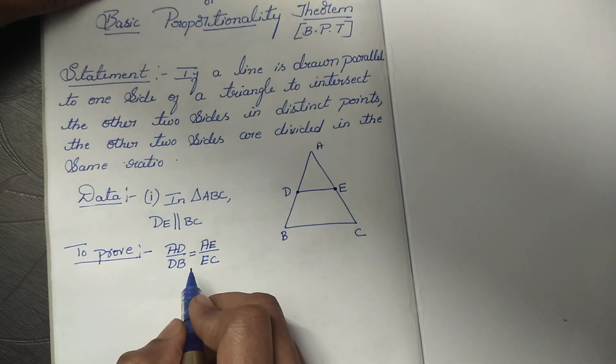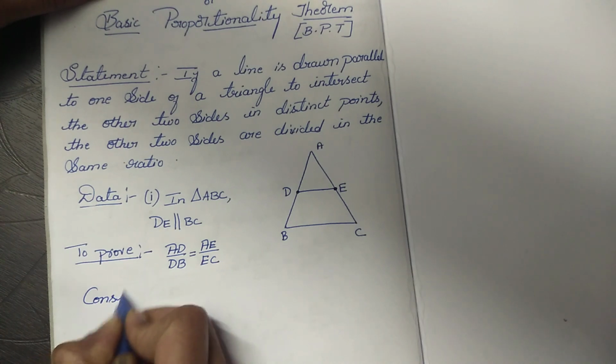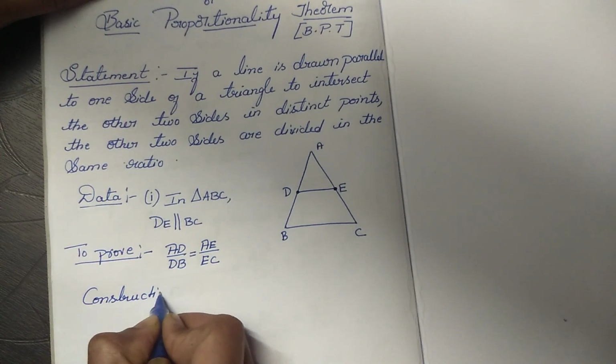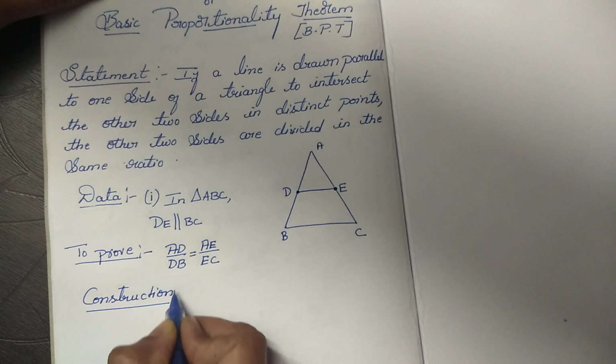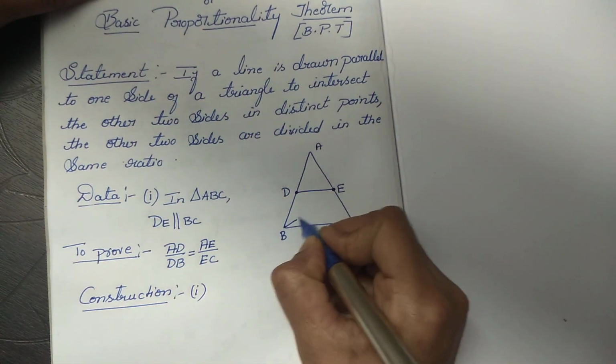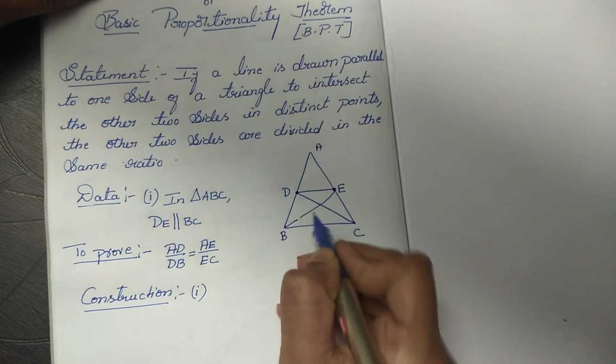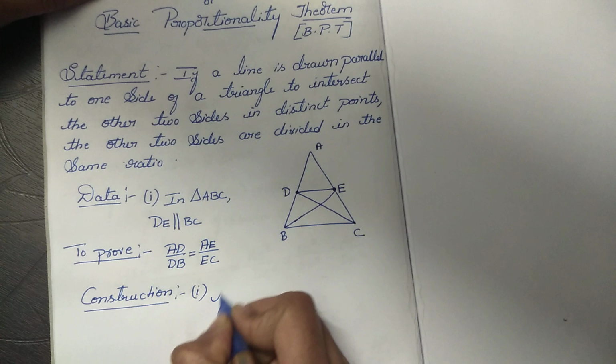In order to prove this, we have to do a little construction. In construction, let it be pointwise. First, join BE and CD.